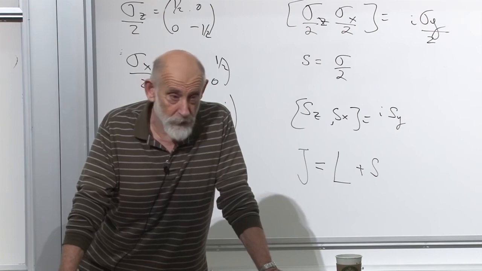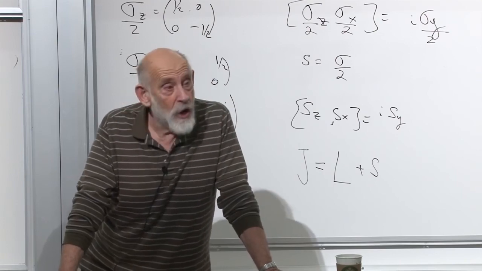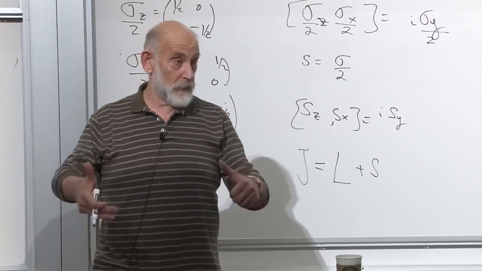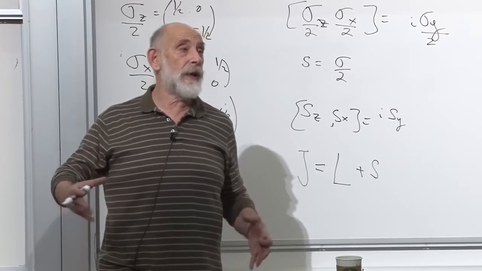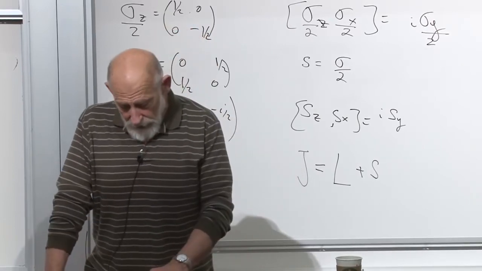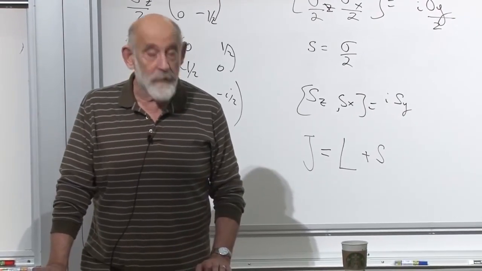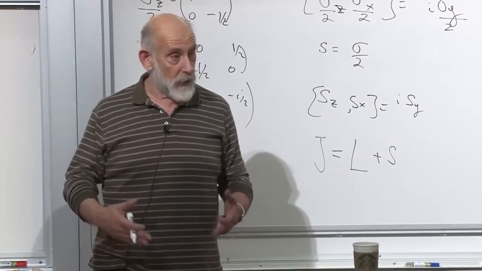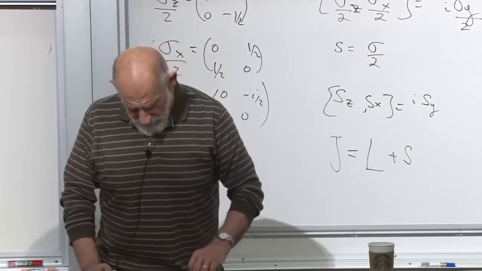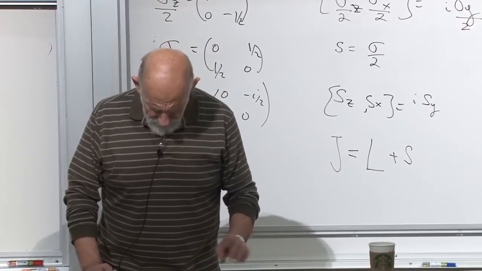Basically, you have two systems: the spin system and the orbital system, or you could have two spins, or two different orbital angular momentum systems. The net system has its own angular momentum, and there are quantum mechanical rules for adding them. Let's not do it now.